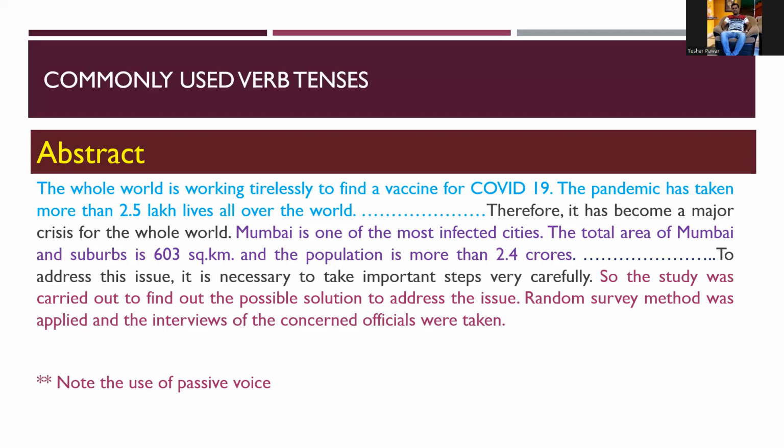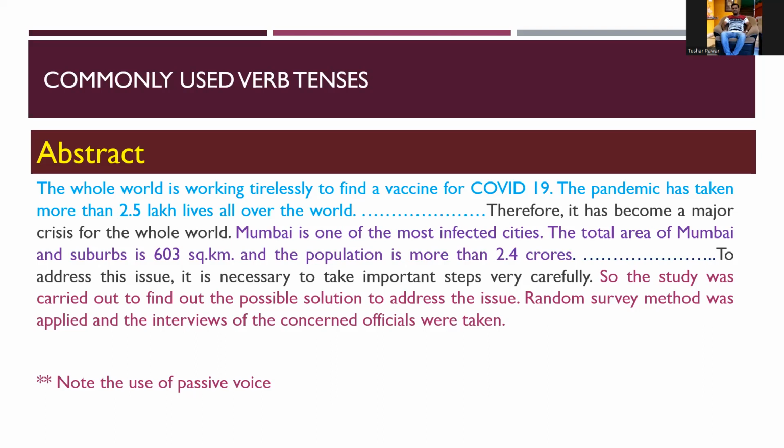I have colored some of the statements here. "The whole world is working tirelessly" is present continuous, because the situation was like that, about the pandemic. The second sentence, "the pandemic has taken," is present perfect.